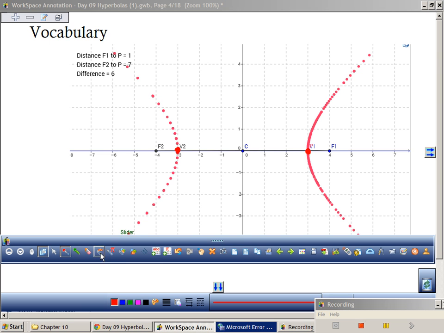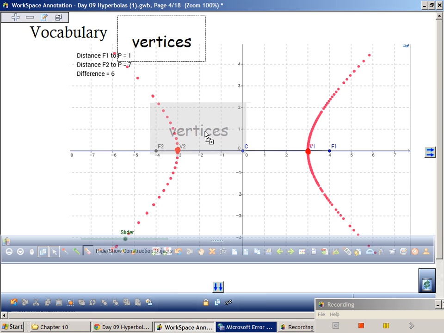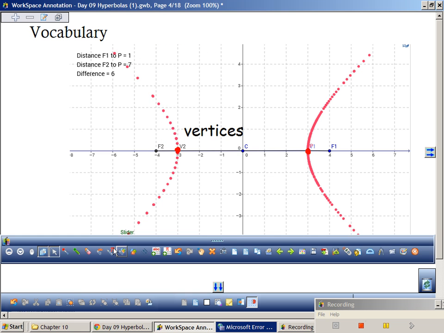Okay. All right. So we have vertices. Okay, right here. Let's point at them.